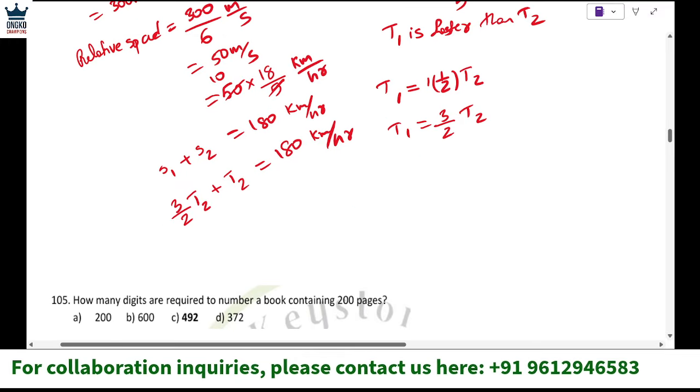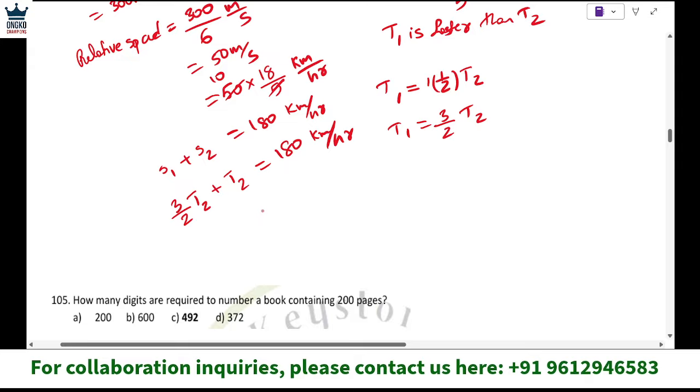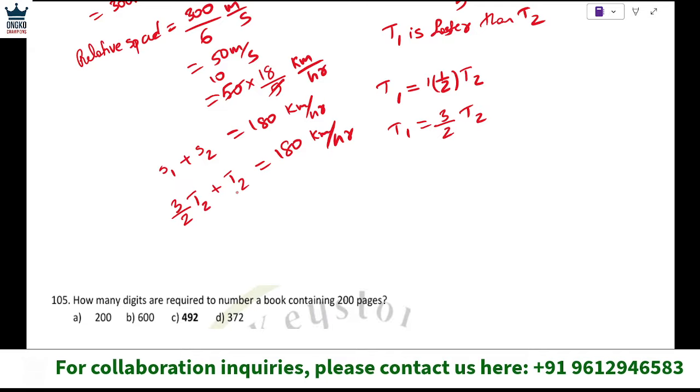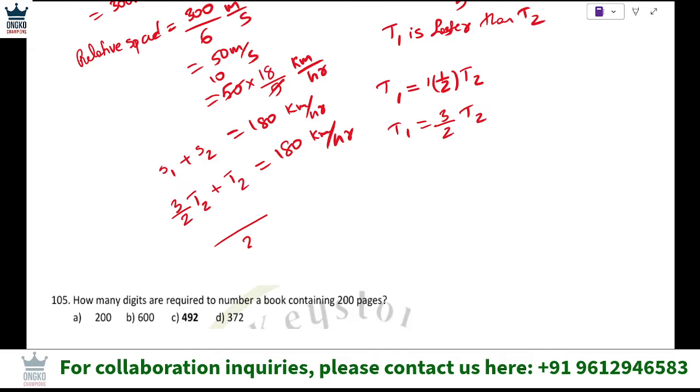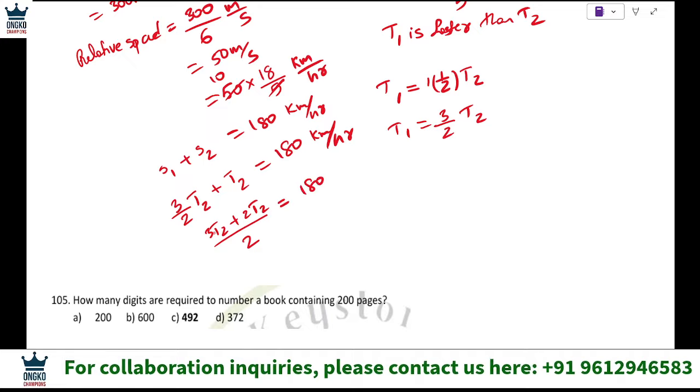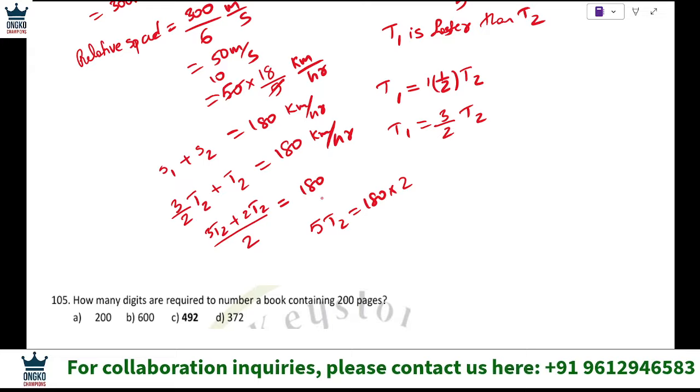So now let's simplify this. We need to find the slower one, which is t2. Taking the LCM, which is 2, we get 3t2 plus 2 ones are 2, so 2t2 is equal to 180. Adding 3 plus 2 gives us 5t2 is equal to 180 into 2. The 2 comes to the right hand side.